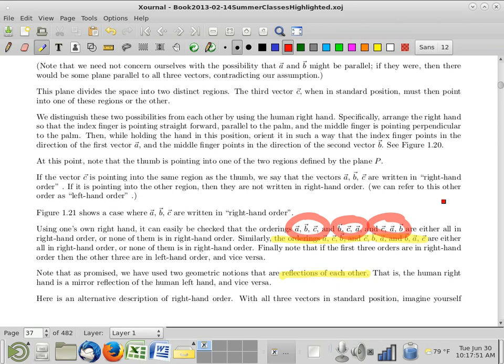And a very similar hand gestury proof will show that CAB is also in the same order. Okay. So in fact, the way you can think about this is it's as if I'm leaving the A and the B there, and then I take this third vector C. Oh, I went in the wrong order, sorry. I leave the B and the C there, and I take the A and move it around to the other side to get BCA.